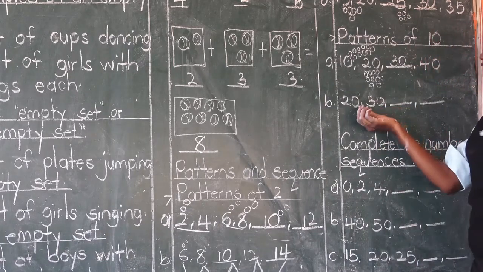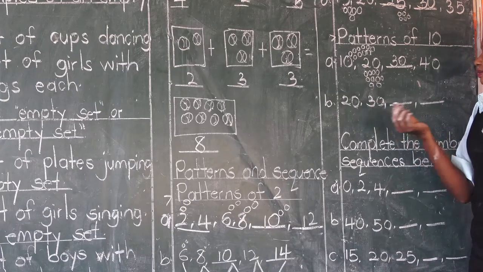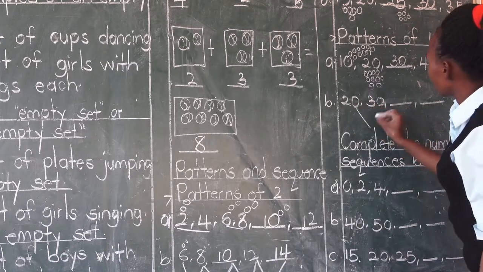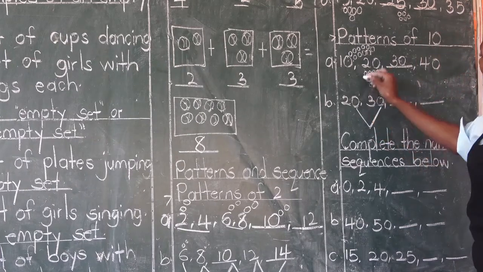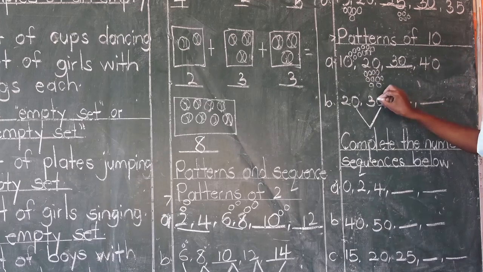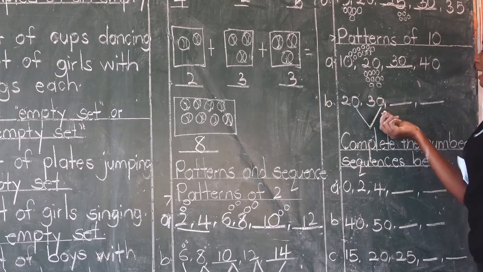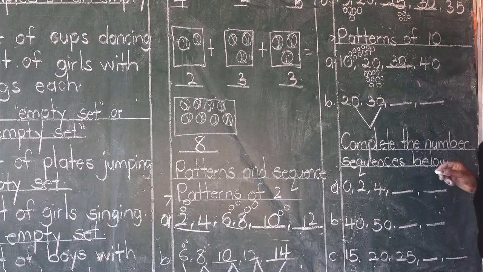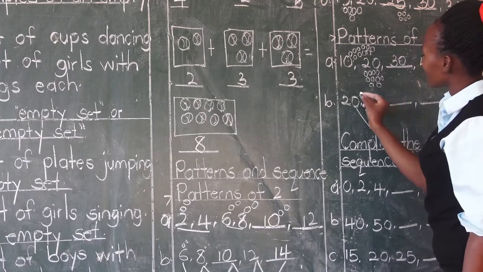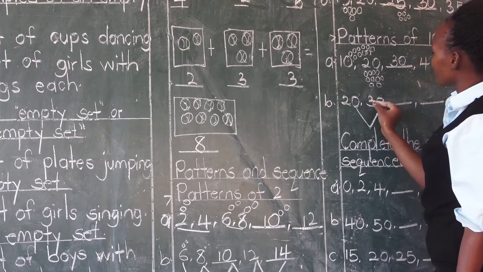Okay, then here we have 20, 30. Let's use the sequence here. How many did they add on 20 to get 30? Now let's draw our tiny balls here and find out how many they added.